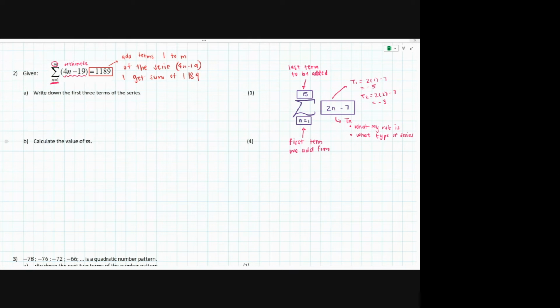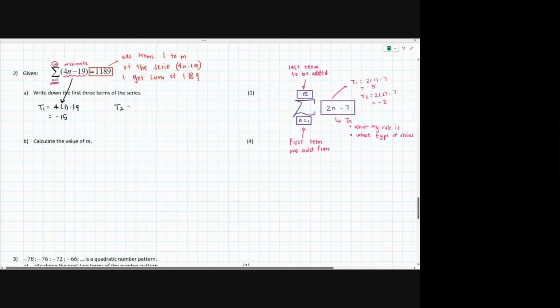If it had just gone straight to calculate the value of m, you always need to work out the first 3 terms. This is just going to help you because remember your sum formula of geometric or arithmetic involves an a value. You have to know what your first term is. Working out the first 3 terms just gives you an idea of what the actual pattern is. So we want to work out the first 3 terms, and I've actually already done an example of that on the side, but term 1 would be equal to, and I take my pattern, 4 times 1 minus 19, so that's negative 15.